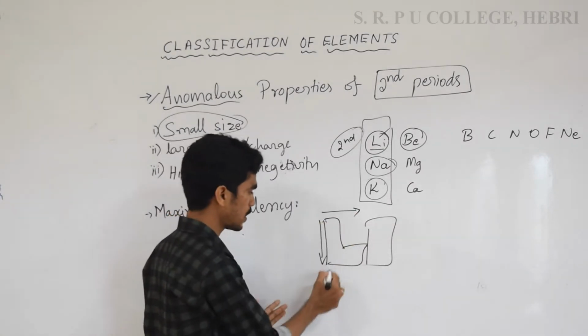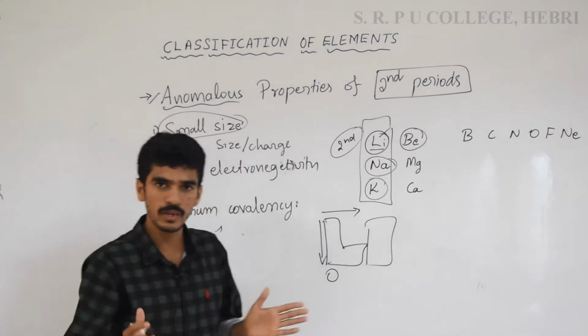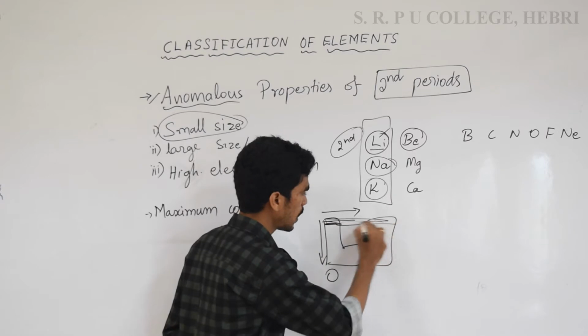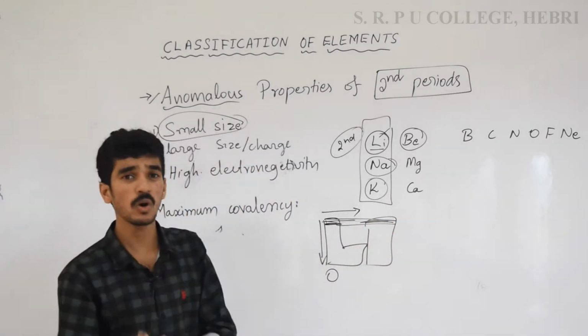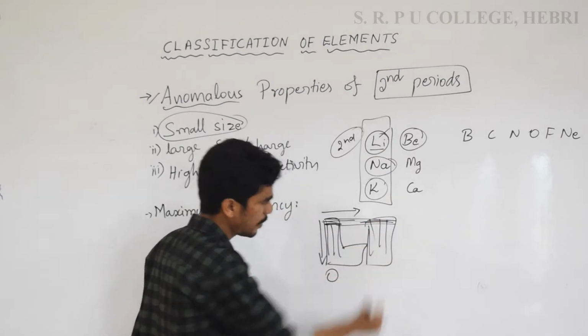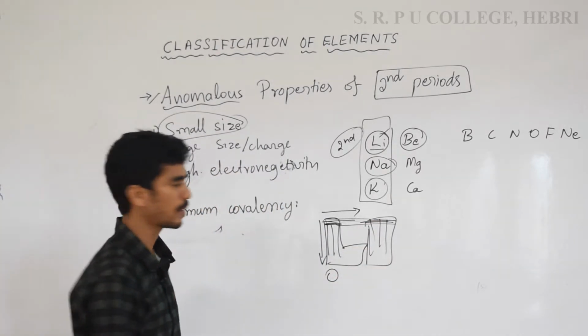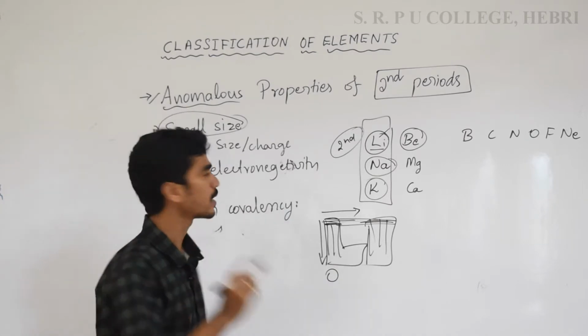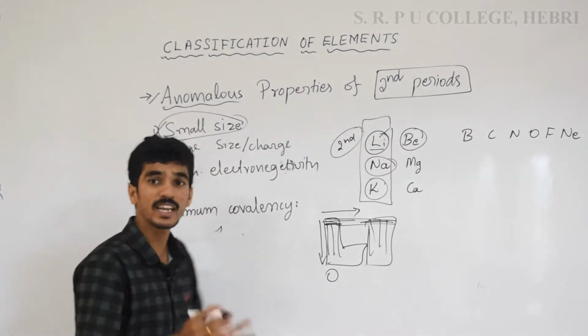Going down, the size becomes bigger. So the topmost element has a smaller size compared with the rest of the elements in the same group. That is the first point, an anomalous property.